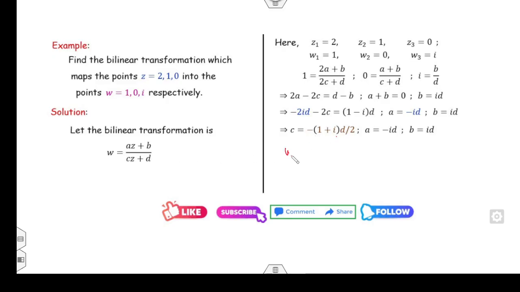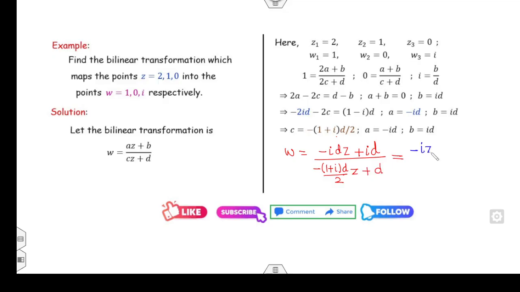I can substitute in the given equation: A into Z plus B, B is iota into D, C is minus (1 plus iota) D over 2 into Z plus D. Now clearly D will be cancelled out.